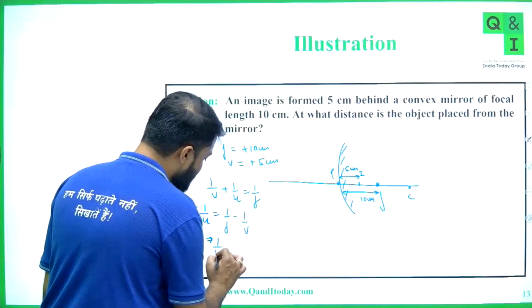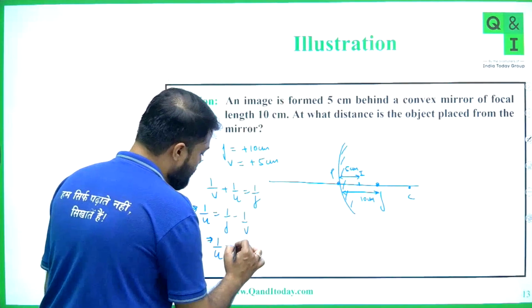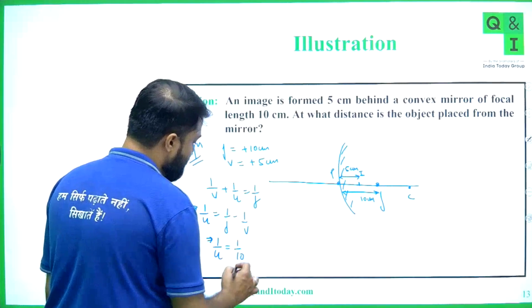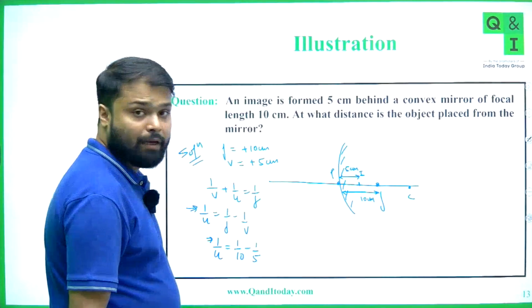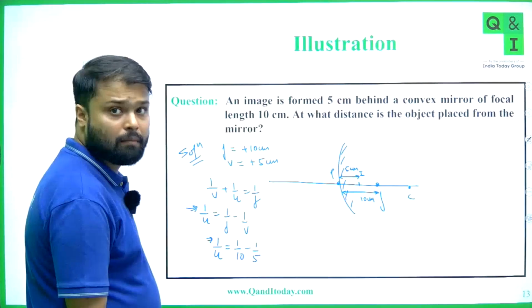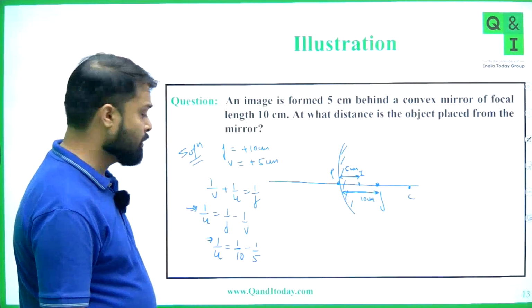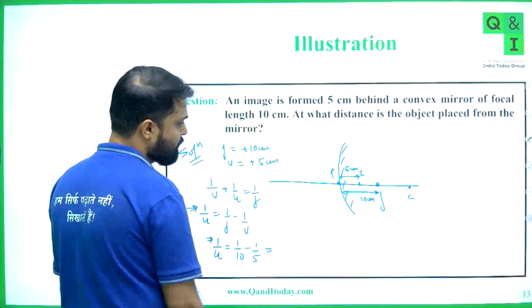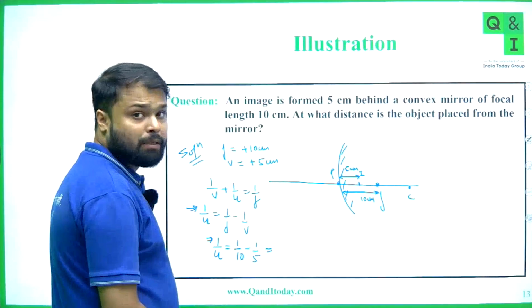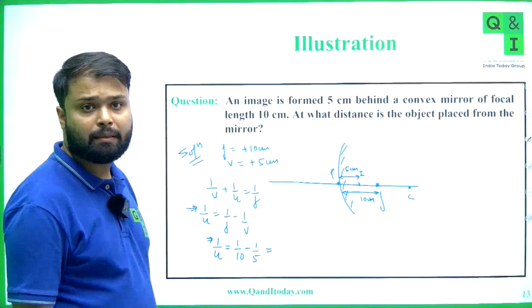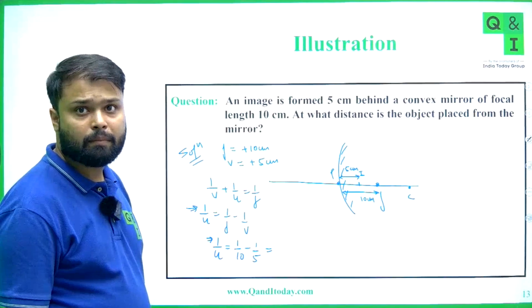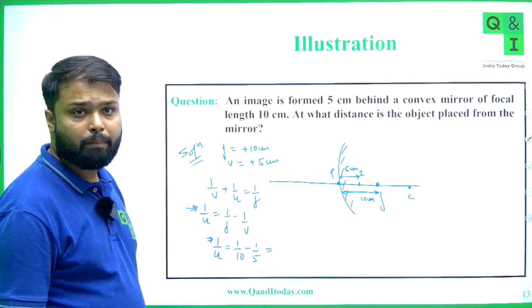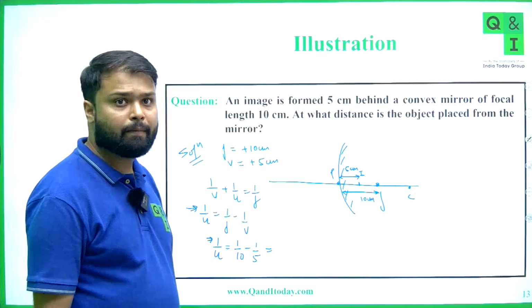That is 1 by u is equal to 1 by f, that is 1 by 10 minus 1 by 5. Okay, 10 centimeter. Minus or plus? Negative, sir.